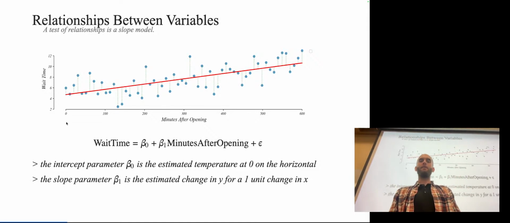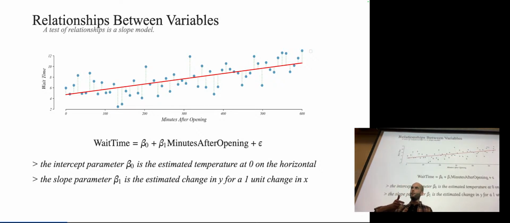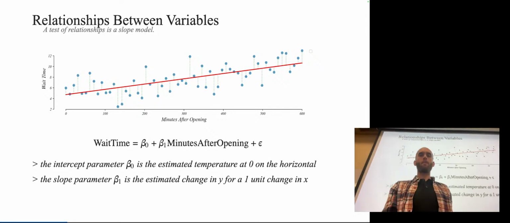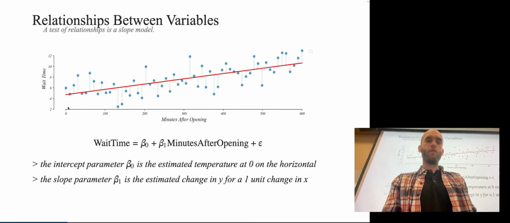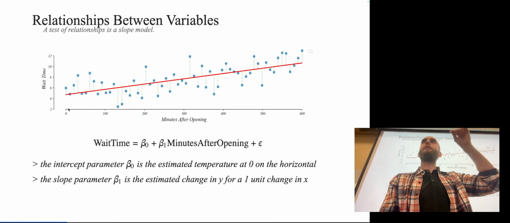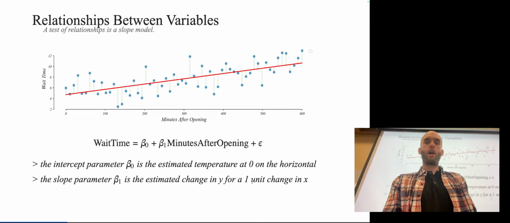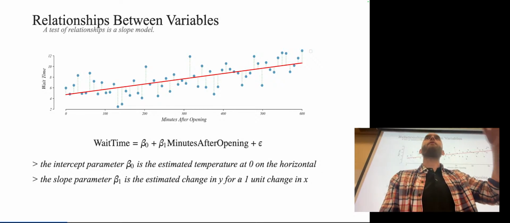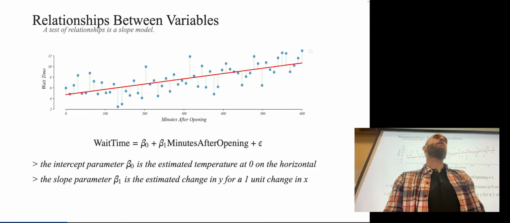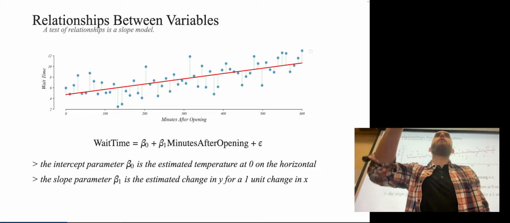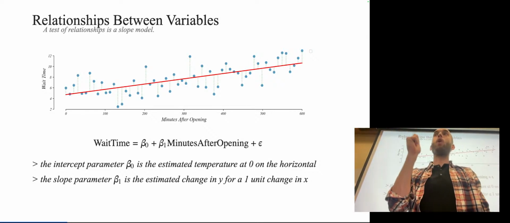And then beta 1 is how much y changes on the vertical axis every time we increase our x variable by 1. So we go from 0 minutes to 1 minute. Our y variable has changed by exactly beta 1. So we've increased our wait time by some amount as we increase the time we place an order by 1 minute, by 1 unit.